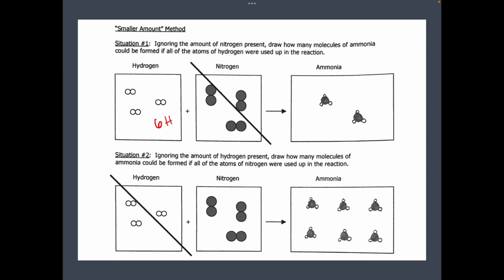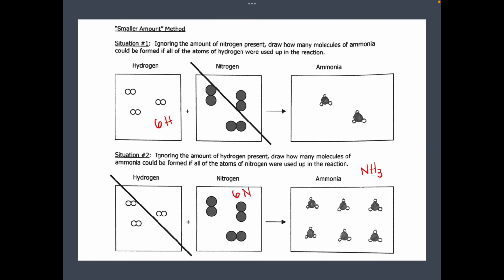If the opposite is true, and we are limited by our amount of nitrogen, and we have as much hydrogen as we want, then we can make 6 ammonia molecules, because we started with 6 nitrogen atoms. Because ammonia is NH3, each ammonia molecule only needs 1 nitrogen. So if nitrogen was limiting, then we could make 6 ammonia molecules, 1 with each of those nitrogens.